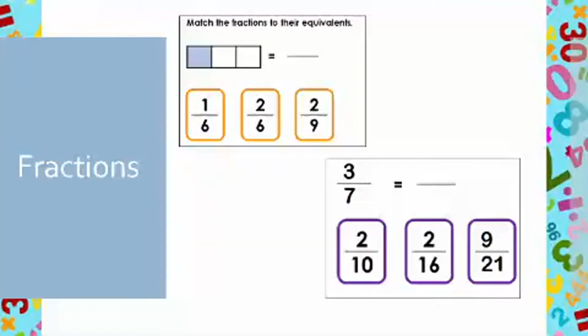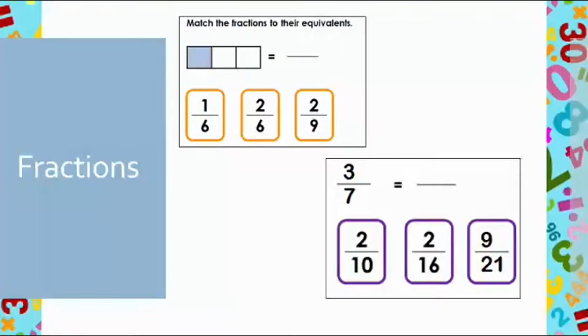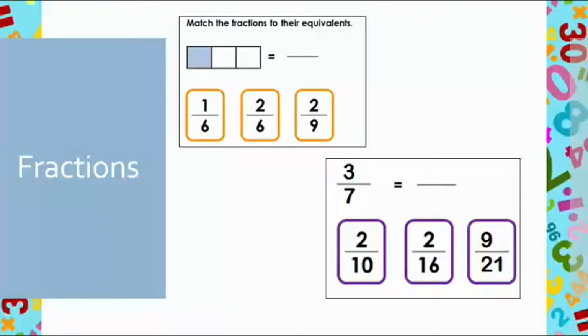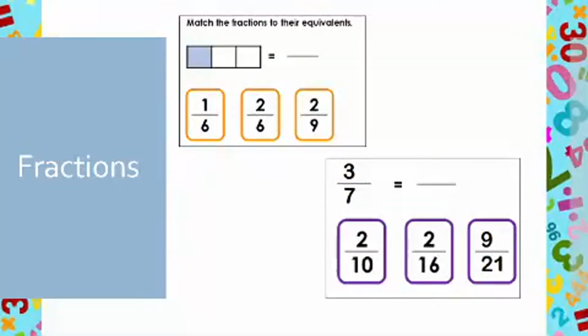The next is fractions to their equivalent. It's a concept of equivalent fractions. Equivalent fractions means the fractions will have the same value when reduced to the lowest term. So over here, a part of a shape is shaded, and the part to the total number of parts over here is 1 upon 3, and which of the three fractions that are given there on the screen is it equivalent to is what my question is.